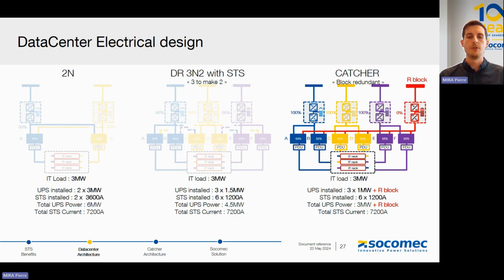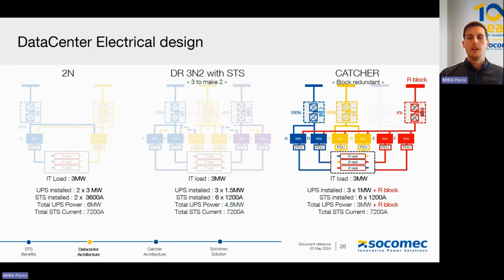And we have on the second input of the static transfer switch the redundant block. So when we have a UPS failing, the redundant block will provide the power to all of the static transfer switches which were connected to the failed UPS. So in this architecture, when we have 3 megawatts of IT load, we only have to use 3 megawatts of UPS plus X amount of megawatts for the redundant block.